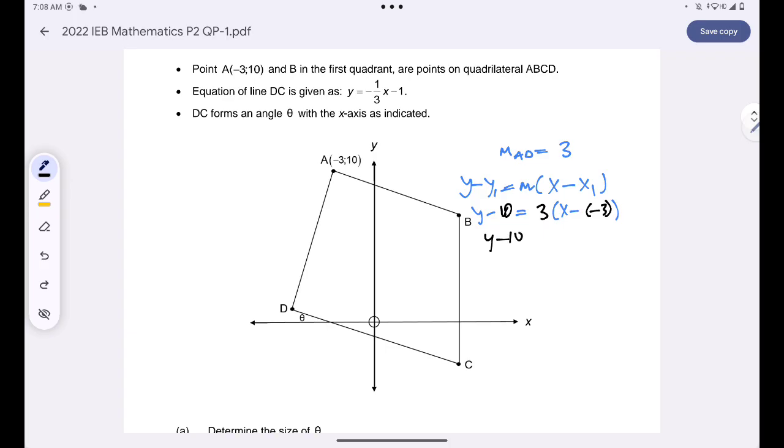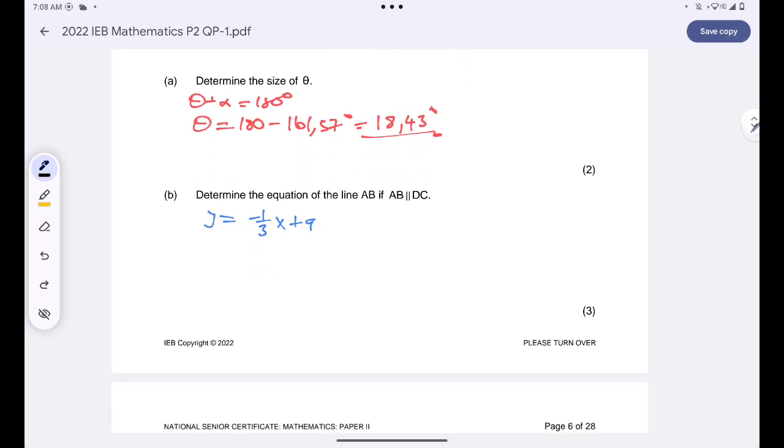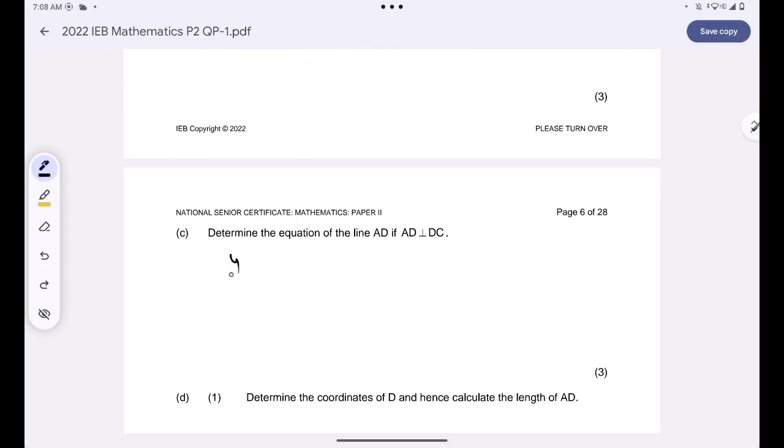So I'll have y minus 10 is equal to 3 times (x plus 3). y minus 10 is 3x plus 9. Then y is equal to 3x plus 19. So the equation of line AD: y is equal to 3x plus 19.